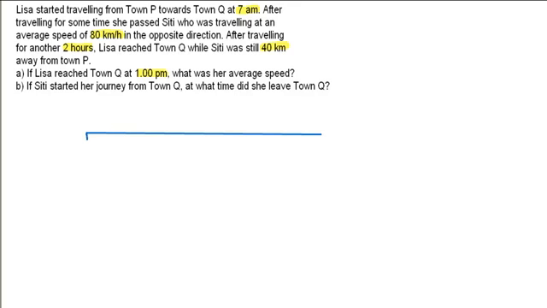So this would be P, and this is Q. Cici starts at town Q at 80 kilometers per hour. So we have Cici traveling at 80 kilometers per hour.